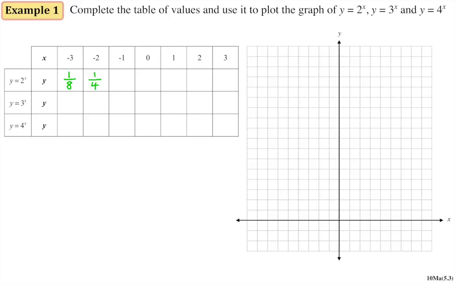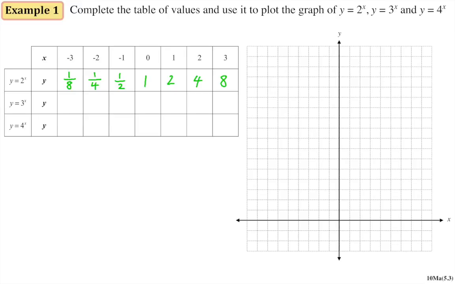The next one, 2 to the power of minus 1, gives a half. The next one, anything to the power of 0 is 1. The next one, 2 to the power of 1 is 2. The next one, 2 squared. The next one, 2 cubed. So that's my answer for that row.